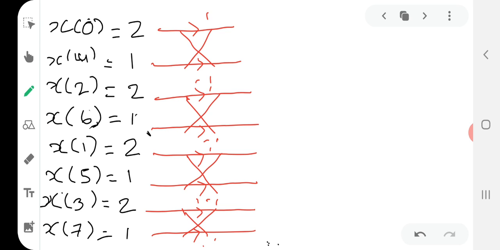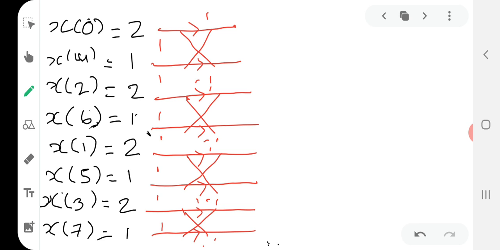Okay, now how will we find? Here at this point the value will be, we can write it as W 2 raised to 0. In the first stage we have to multiply with 1, that's why all these are 1, no need to consider.